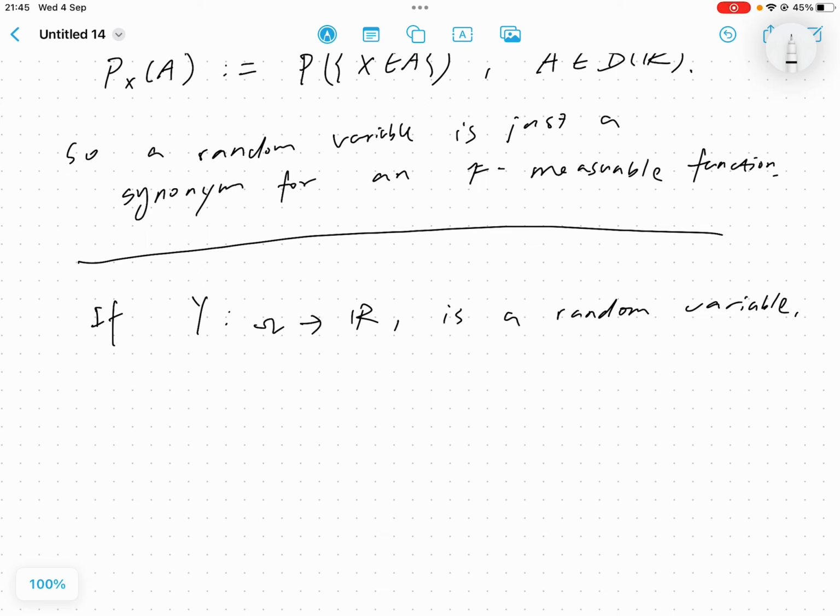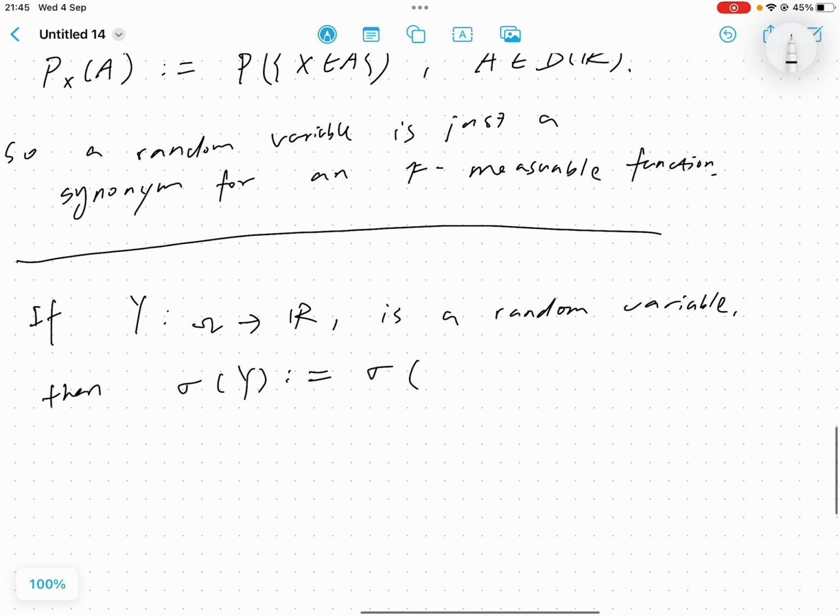Then we say that sigma Y is defined by this. This is just the notation for the sigma algebra: sigma of Y inverse A, where A is in a Borel set.